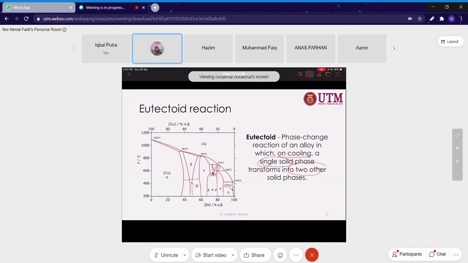What is the transformation during cooling for this alloy, which contains about 75% zinc? What is the reaction, the transformation during cooling?